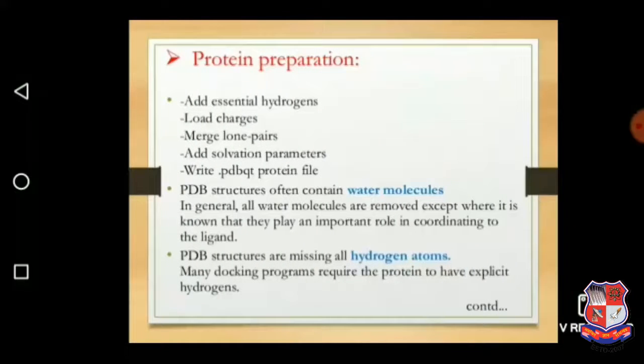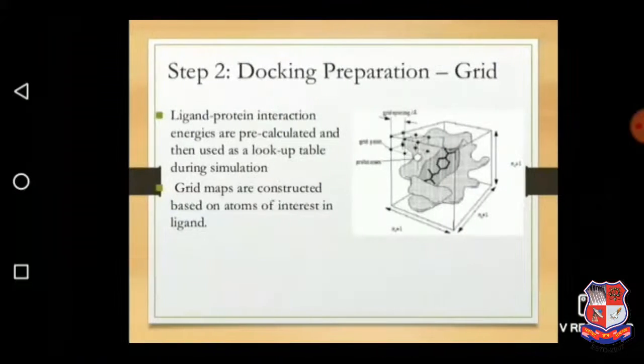What will be the protein preparation? In that, solvation parameters, water molecule interactions, and hydrogen atoms are all explicitly determined. Docking preparation: in that there is a grid line, and we can manually move the grid line on the surface of the protein, which is pre-calculated.